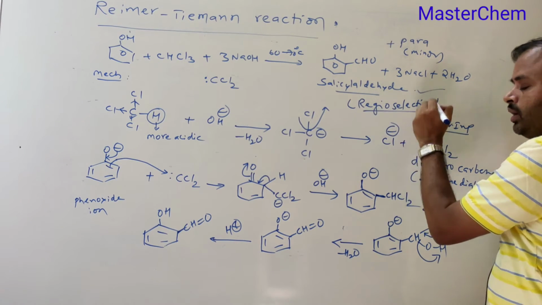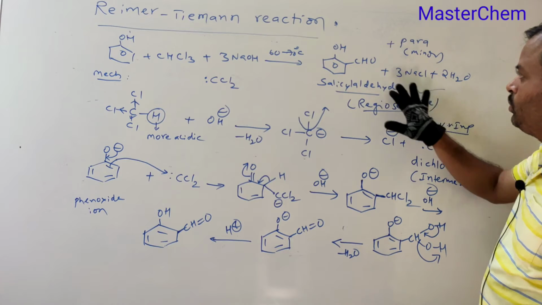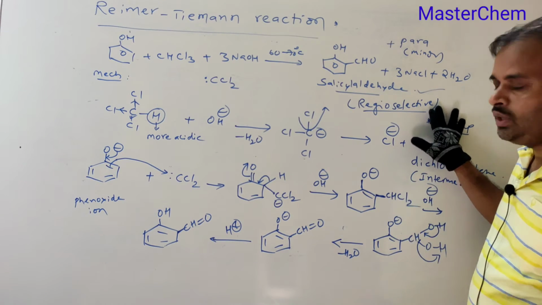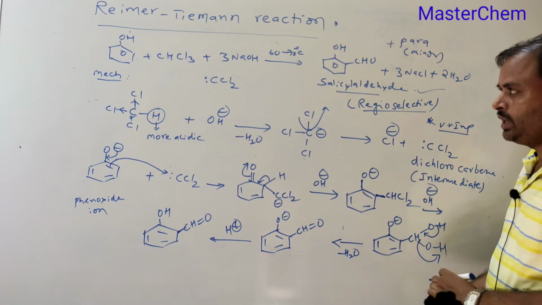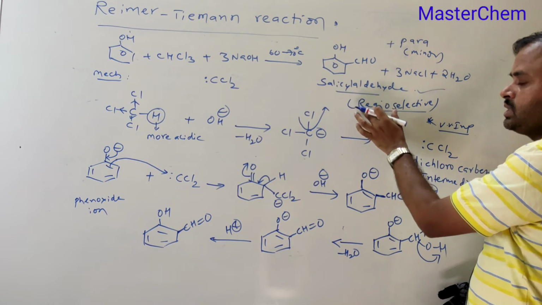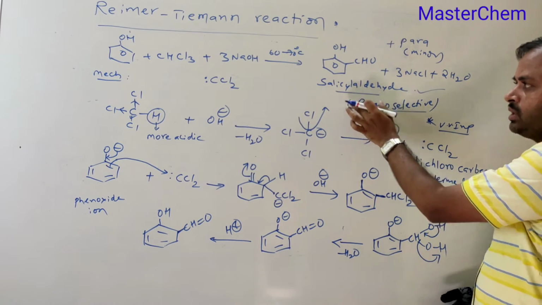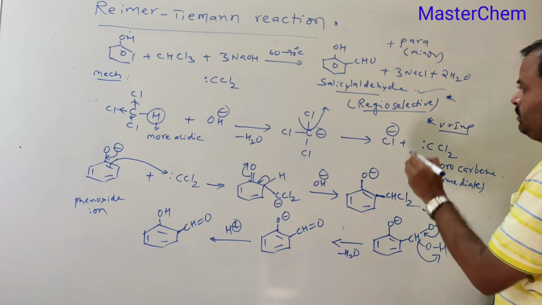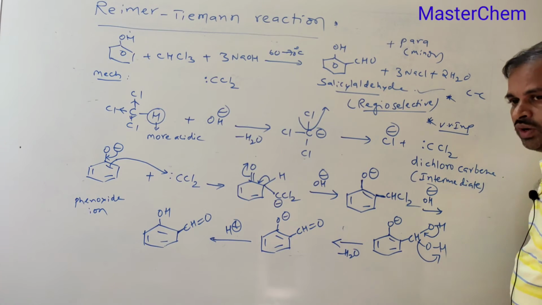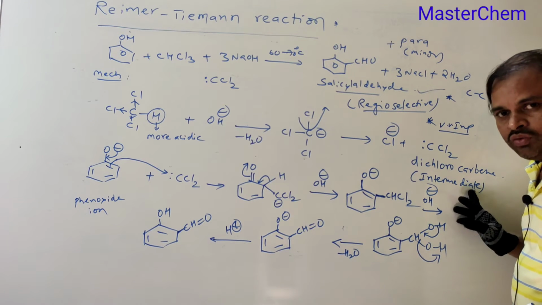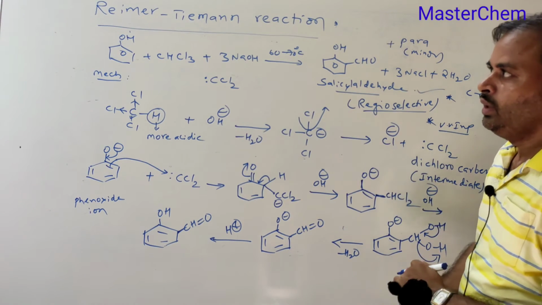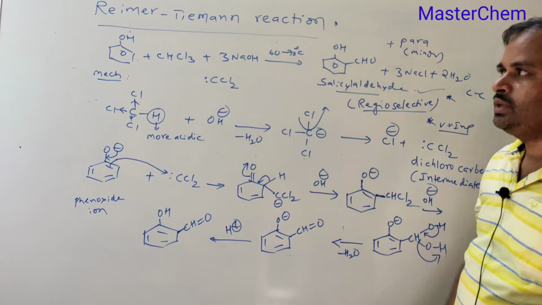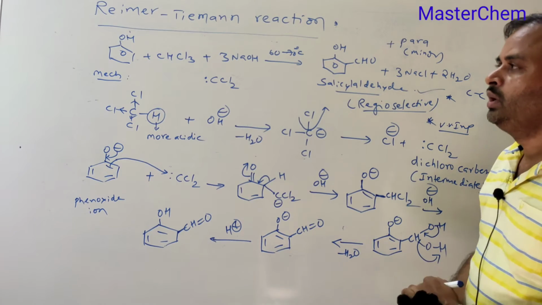If two products are formed but one is major, it is said to be regioselective. This ortho is selectively formed, so it is called a regioselective reaction. It is a regioselective reaction, a new carbon-carbon bond is formed, with a neutral electrophile, and it is a base catalyzed reaction. These are the important points.